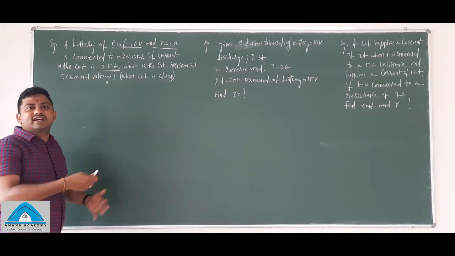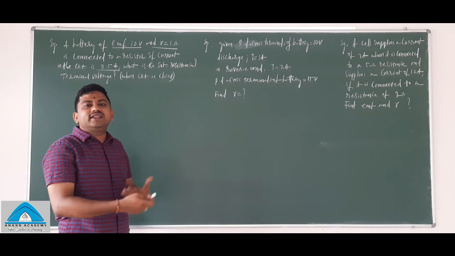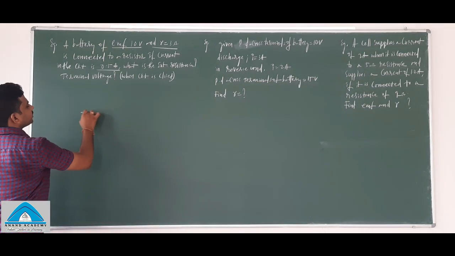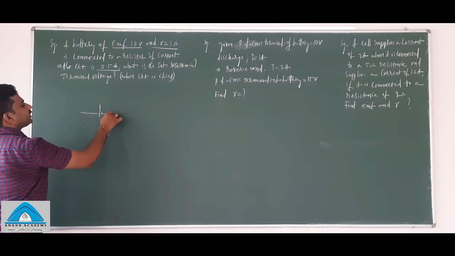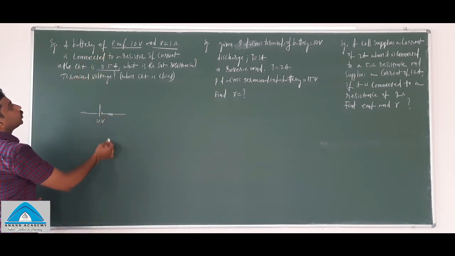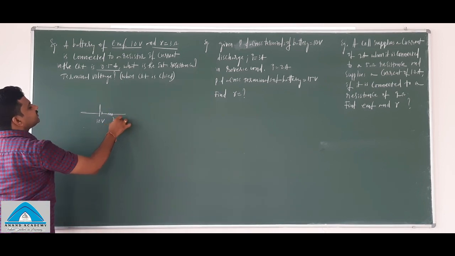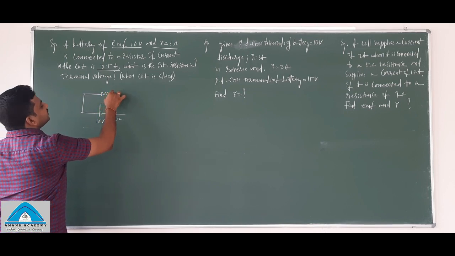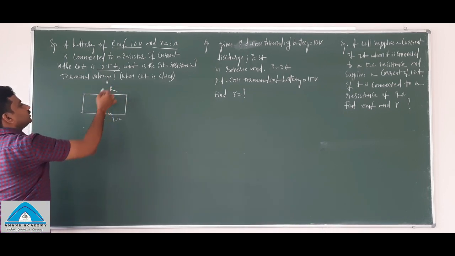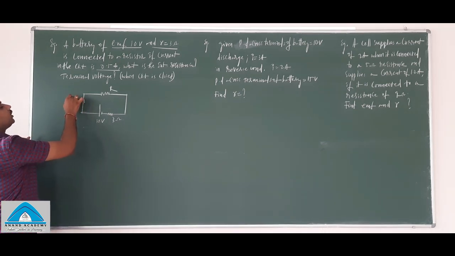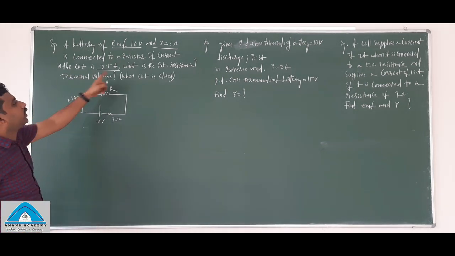Obviously, when the circuit is closed, only then does the current flow take place, right? So let's start. This is a simple diagram I'm drawing here. The EMF is given as 10 volts and the internal resistance is 3 ohm, connected to an external resistance R. They have clearly mentioned that a current of 0.5 ampere is flowing through it.